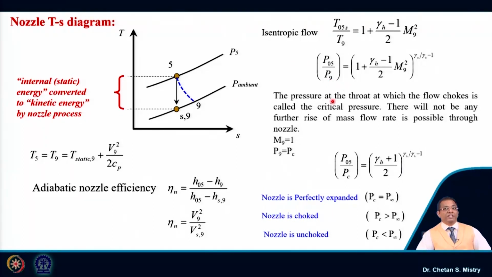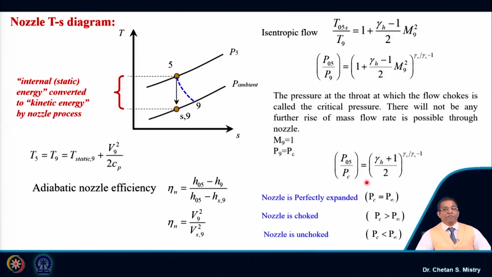So that is the M9 condition equal to 1, and under that condition my exit pressure will be equal to my critical pressure. If I put the M equal to 1 condition, this represents a very important criterion for the nozzle, for calculating whether my nozzle will be choked or unchoked.